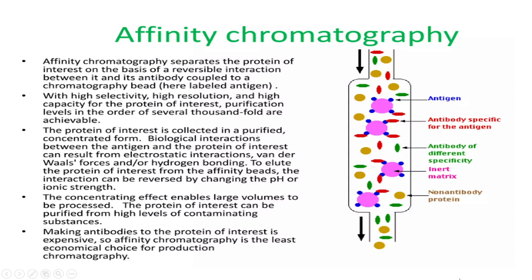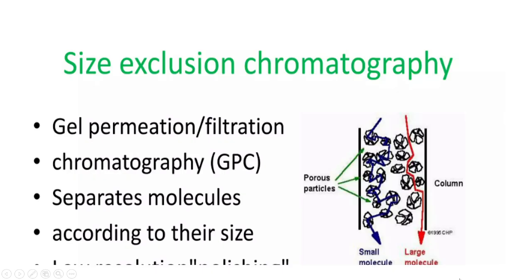The protein of interest will be attached to the column, and this can be washed and eluted out. Then we have size exclusion chromatography or gel permeation technique, where the separation is based on the size of the molecule to be separated. Depending on size, we know the retention time in the column and we can easily separate out.